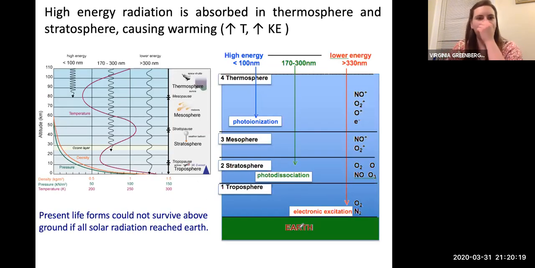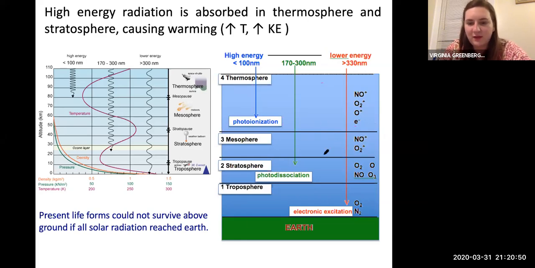And so we want to think about how different photons interact with different gases in the atmosphere. As we saw in this plot previously, the highest energy light is absorbed in the thermosphere. And we see these ionization reactions, which result in just free electrons in the atmosphere. So it's a very high energy process.